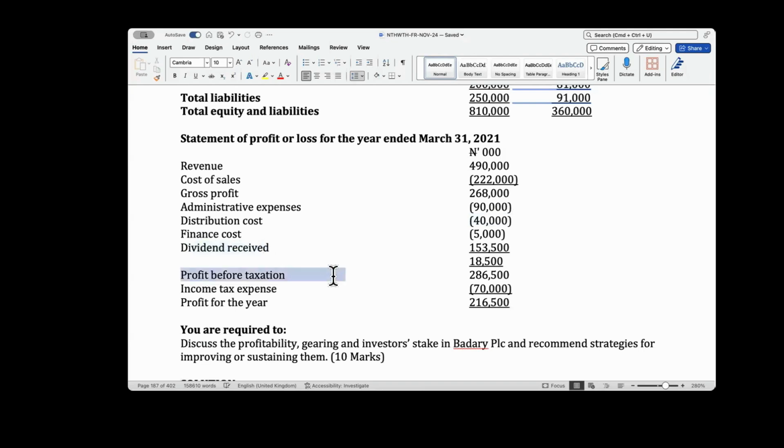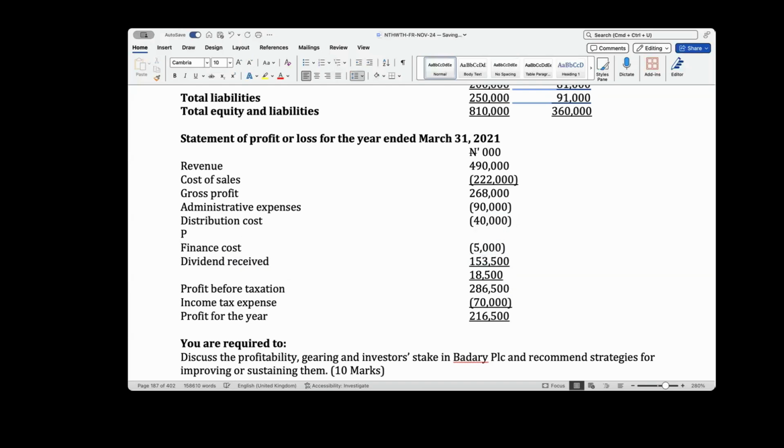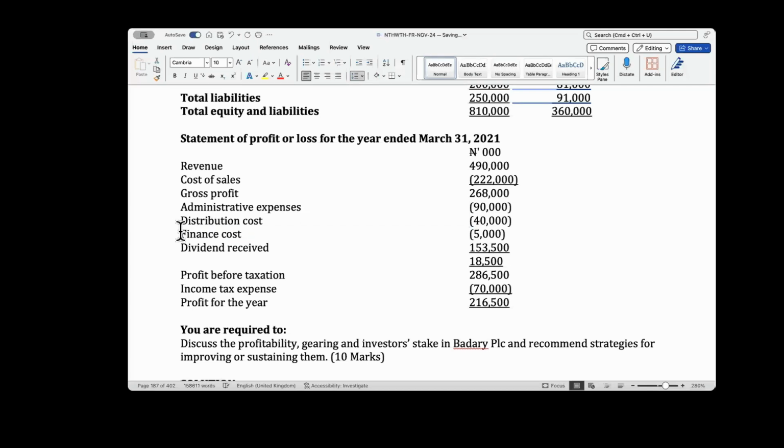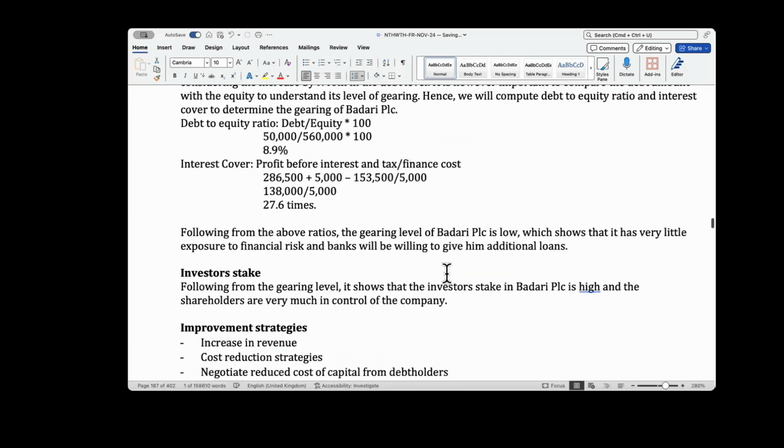Since they gave me PBT, which is 286,500, I added back my finance costs. I deducted my dividend received that they have added before so that I can come back to this point. This point is PBIT. The way they structured this question, they have already given me this 286,500, I added back this, I deducted this to get my PBIT.